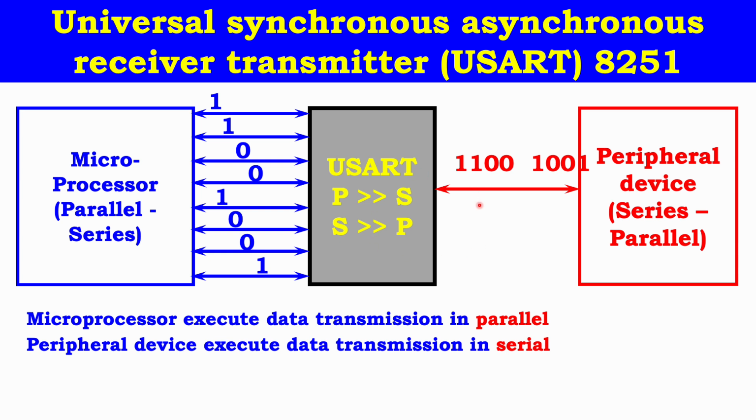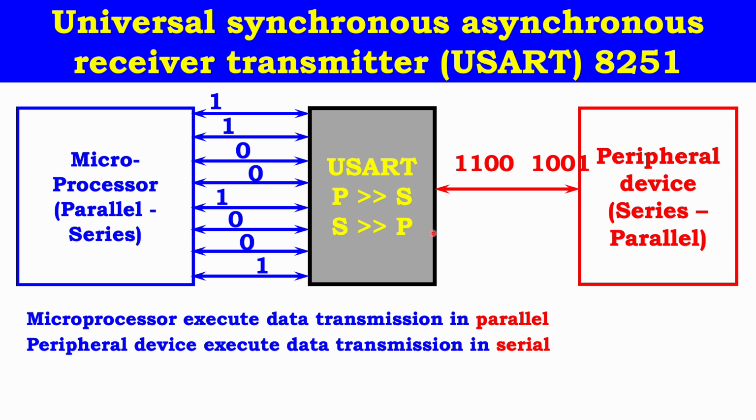So the communication between the microprocessor and the peripheral device can be done either in parallel or in serial. The parallel data will be converted to serial for the peripheral. From the peripheral to the microprocessor, the serial data has to be converted to parallel. This can be done by the USART, that is the 8251 IC.